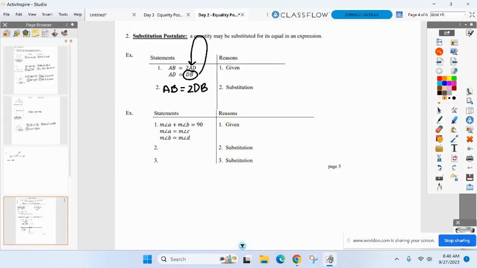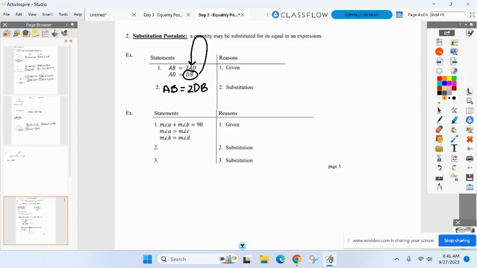You and your group, right now. Next one. I'm giving you angle A plus angle B. Remember the M means measure. Equal to 90. A and C are equal. B and D are equal. Can you guys in your group come up with 2 statements that are now true using substitution? A plus B equals 90, but A and C are equal, B and D are equal.